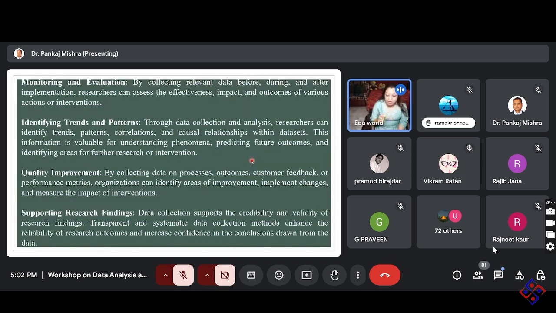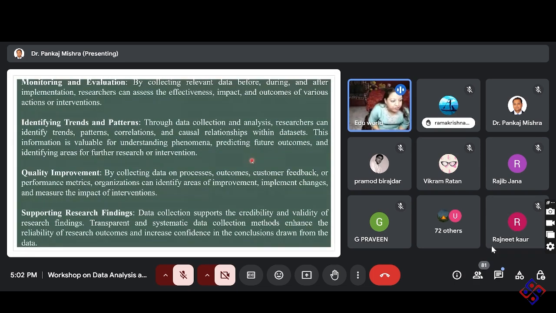Now you want to see whether the previous drug is suitable or the second one. This way we can monitor whether the drug we are using for the cancer patient is suitable for the sample or not, whether the first one is more suitable or the second one. So this way we can monitor with the help of data also.